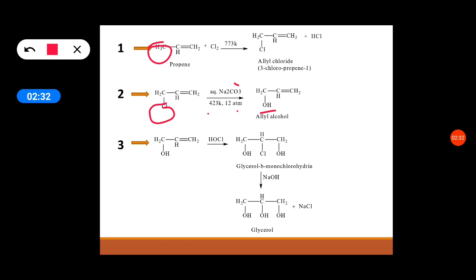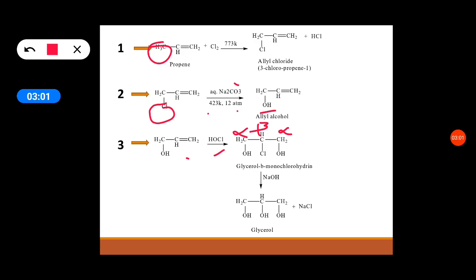Allyl alcohol is then treated with hypochlorous acid, the addition takes place here and it gives glycerol beta monochlorohydrin. With respect to this OH group bearing carbon, that becomes alpha, and adjacent to that it is beta. If considered from this first carbon, then it also becomes alpha and adjacent to that beta.